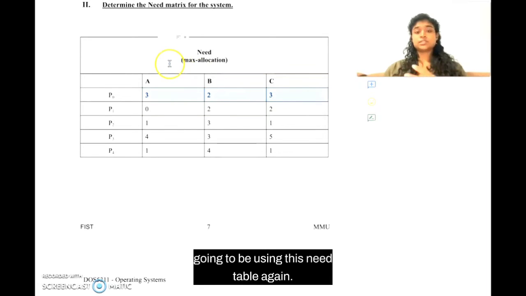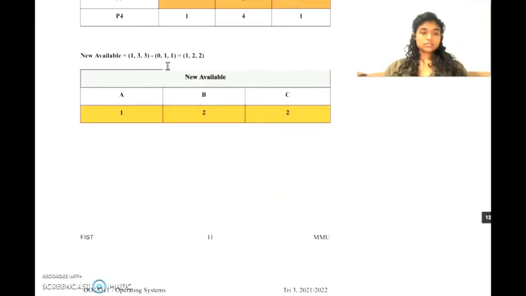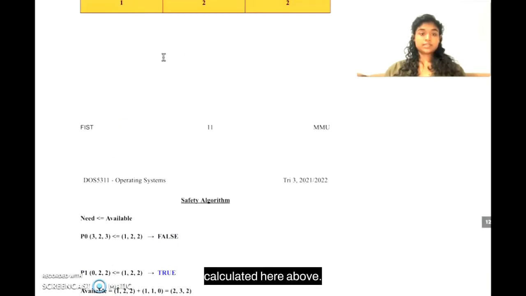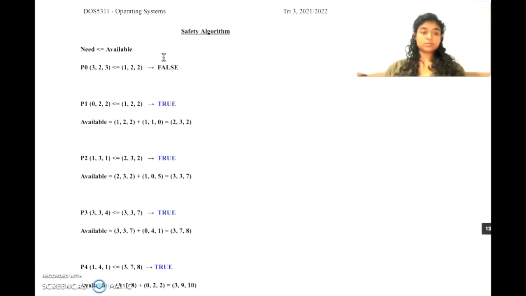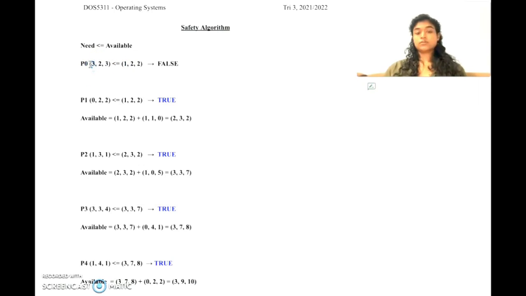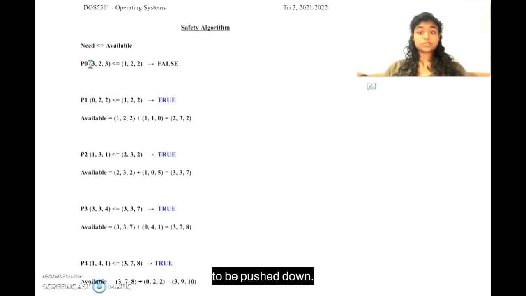So we have your need and your new available. Is 1 greater than or equal to 3? No. So automatically this process is false and it's pushed down.